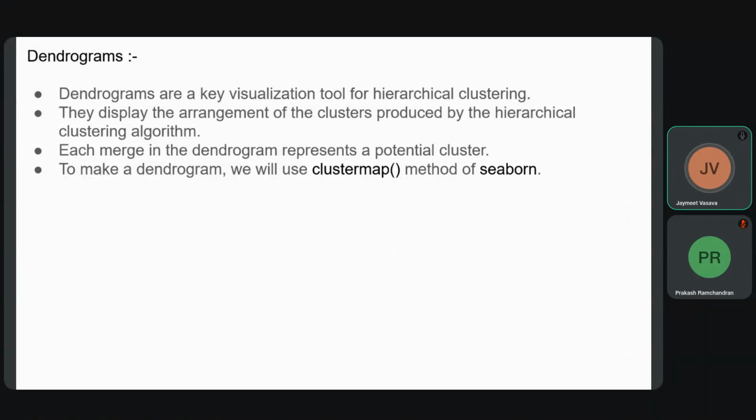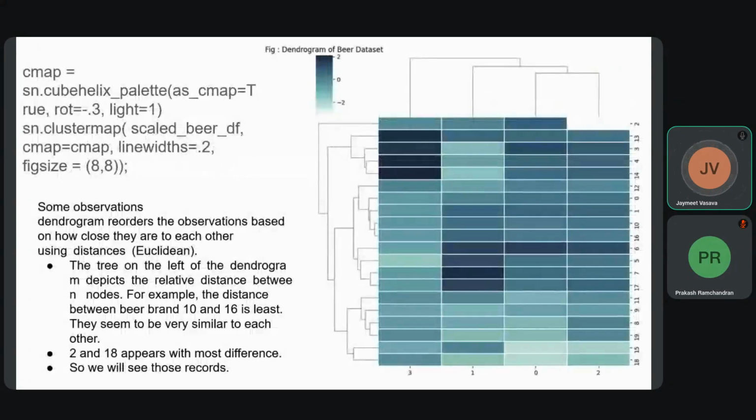To make a dendrogram, we'll use the clustermap method from Seaborn. We call our dendrogram cmap, give it the needed parameters, and this is the dendrogram that it creates.